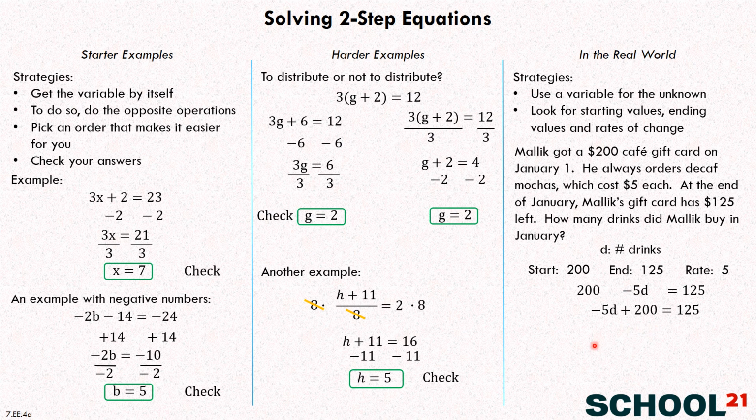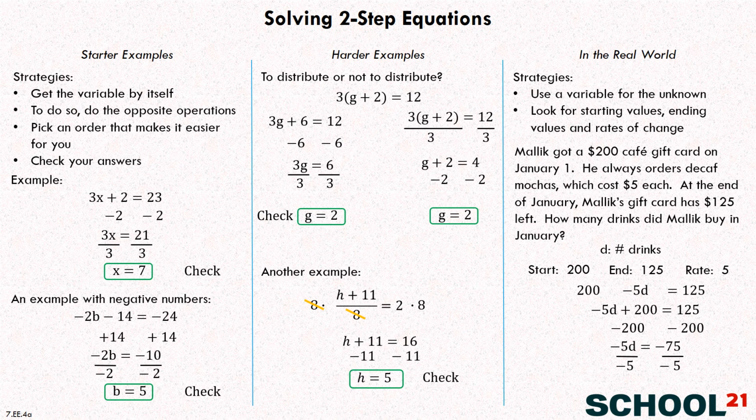So let's go ahead and do that. You could do it either way in this example, but let's minus 200. On the left-hand side, then, we'd have minus 5D because that plus 200 minus 200 is just 0. And on the right-hand side, 125 minus 200, a little mental math there, we'll get minus 75. Okay, now, the negative 5 is multiplying by D. We want to do the opposite, so we'll go ahead and divide.